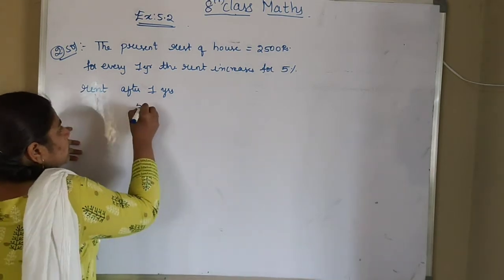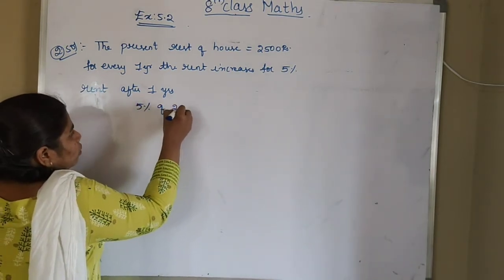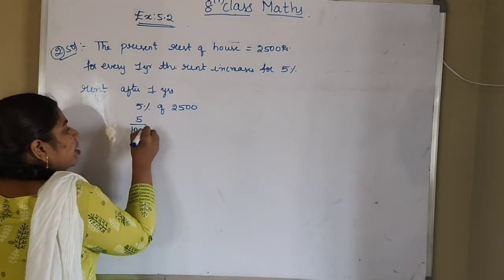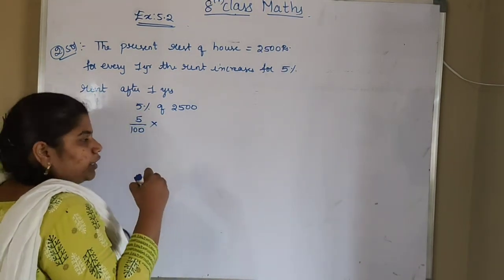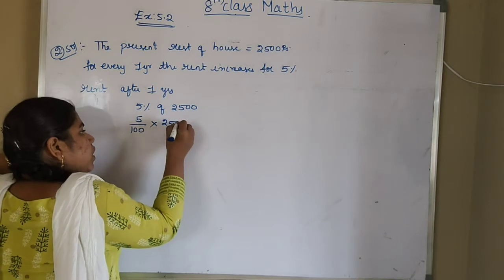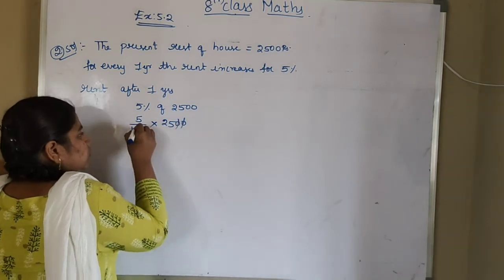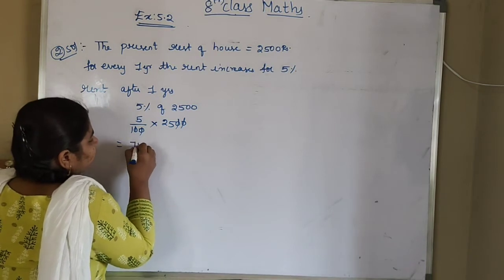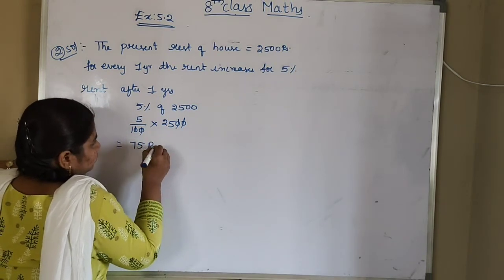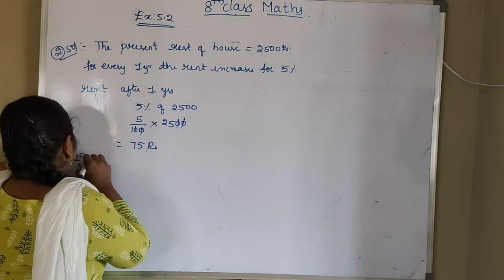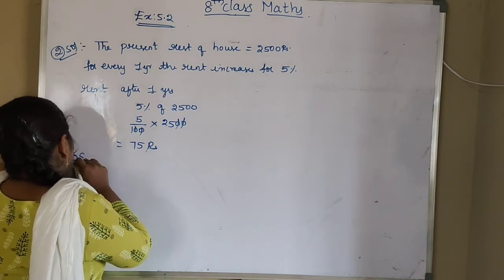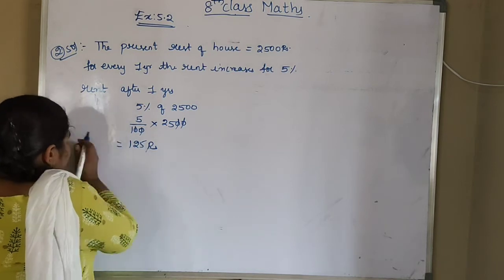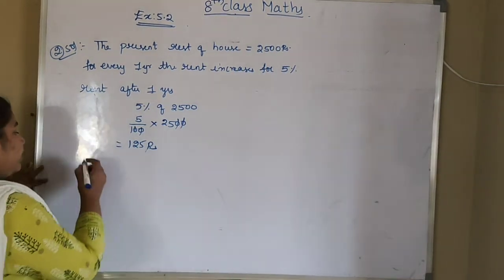That is 5% of 2,500. 5% is nothing but 5 by 100, of is nothing but multiplication, into 2,500. The zeros will get cancelled. 5 fives are 25, that will be 125 rupees. After 1 year, how much will it be increased?